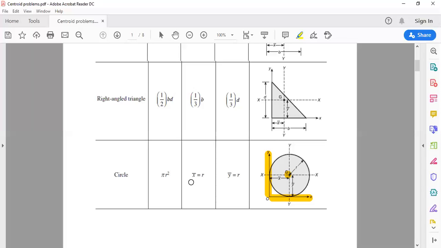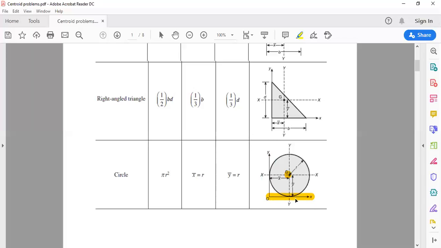So now we need to locate the distance of the centroid from the reference y-axis and reference x-axis. First let us calculate x bar. We all know that x bar is measured from the reference y-axis. So the distance of this x bar, which is measured from the y-axis, is nothing but small r, which is the radius itself. Similarly, y bar is measured from the reference x-axis.